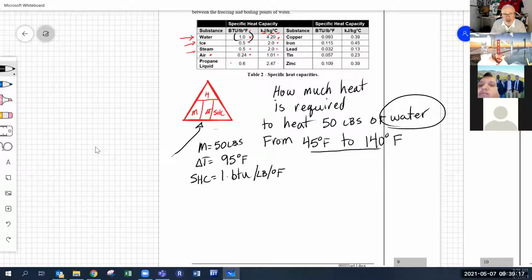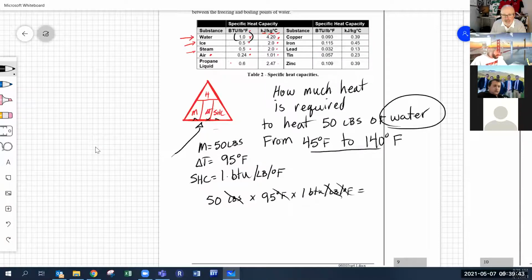So these are our variables, and we multiply these. So I go 50 pounds, multiply that by 95 degrees Fahrenheit, multiply that by 1 BTU per pound per degree Fahrenheit. Now, when we do this equation, the pounds cancel out, the degrees Fahrenheit cancel out, and I'm left with BTUs of heat.